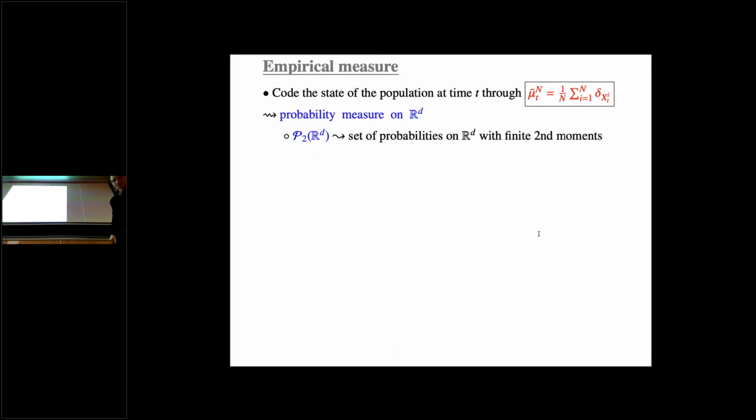So what you do is that at any time t, you summarize the global state of the population by means of a probability measure. And somehow what you say is that you put a delta mass at each point where you have one individual in your population, and everybody shares the same mass, 1 over n. So this is a uniform distribution on the players.